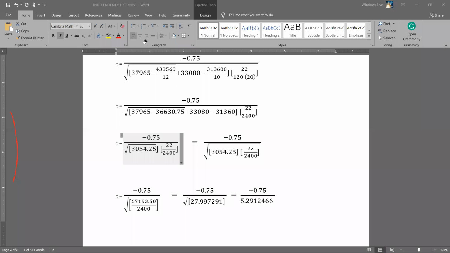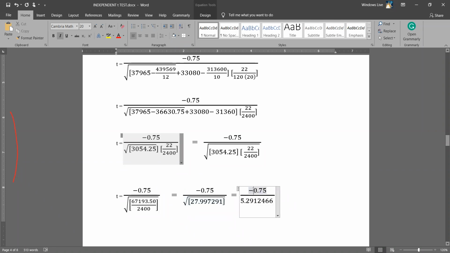So you need to multiply 3054.25 by 22 by 2,400. When you multiply, you get a fraction, and when you convert it into decimal, this is the decimal that you get. Then you can square root 27.99. When you square root, you get this value.